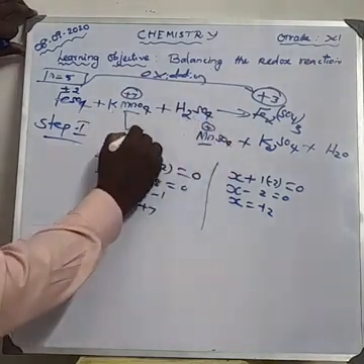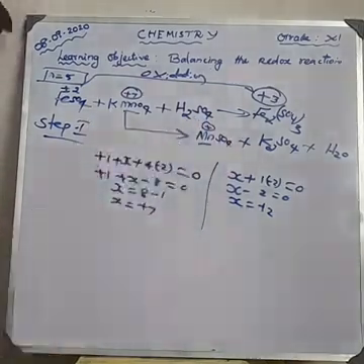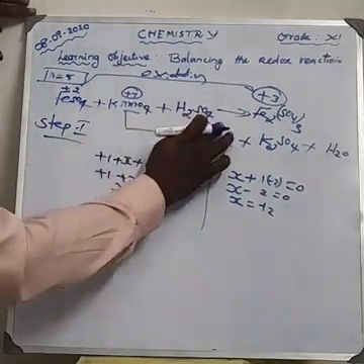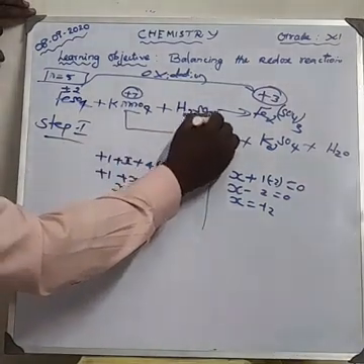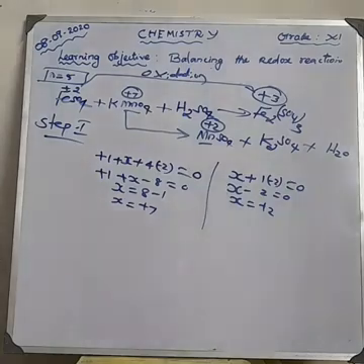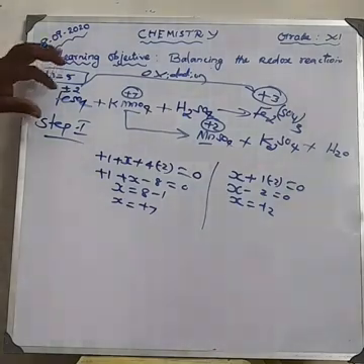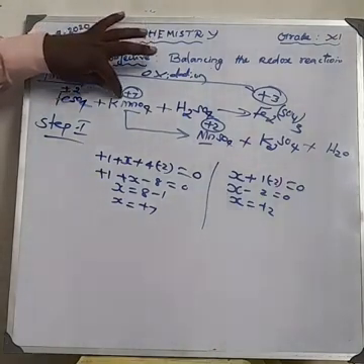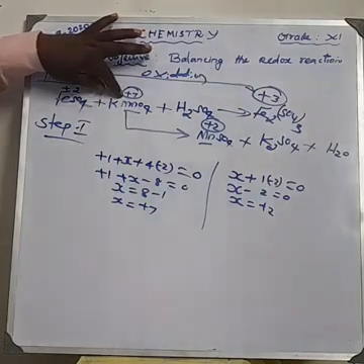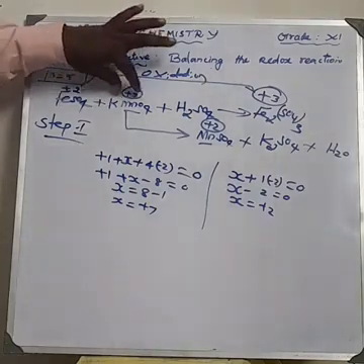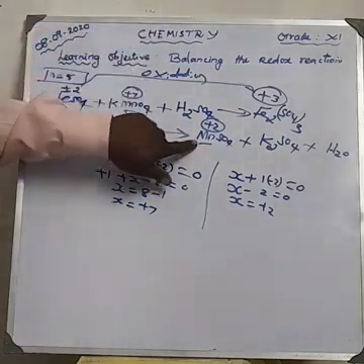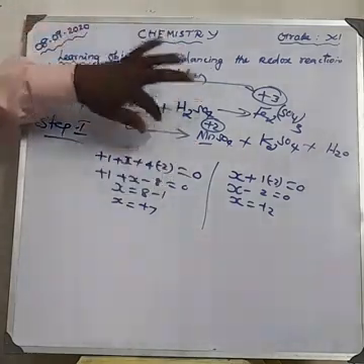Now the reaction: the oxidation number of Mn in KMnO4 changes from plus 7 to plus 2.